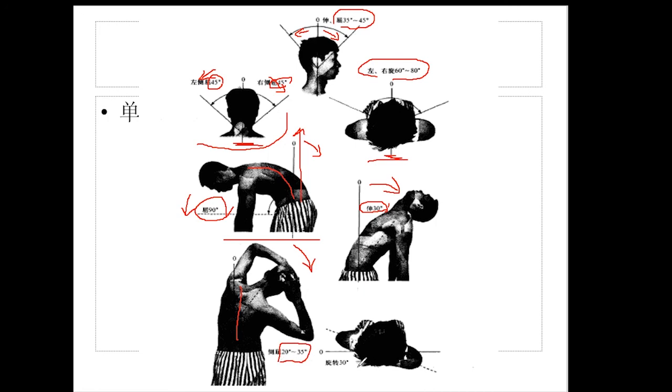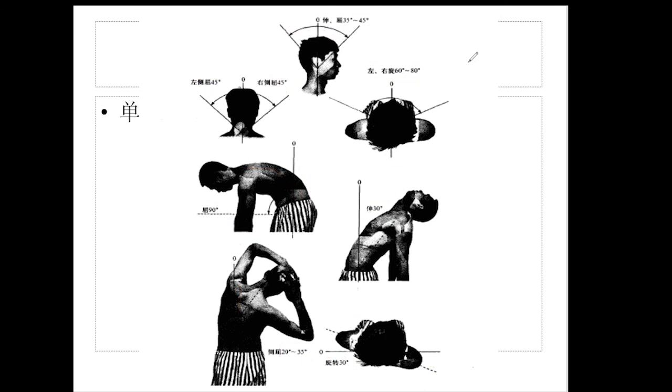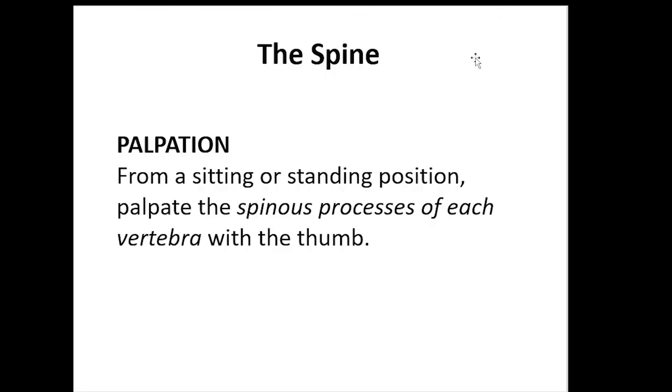And then continuing, left side and right side, pretty similar to the head turning, about 30 degrees for both sides. So that's the spinal movement. In different parts, the movement is different.